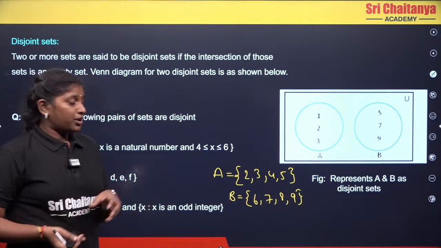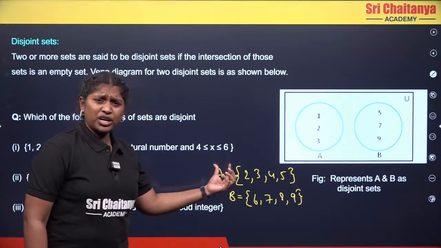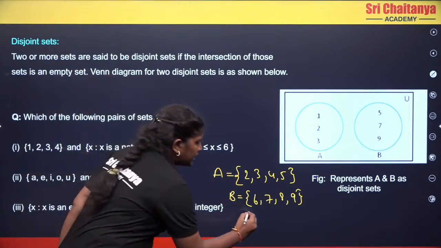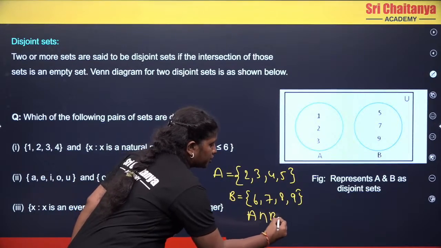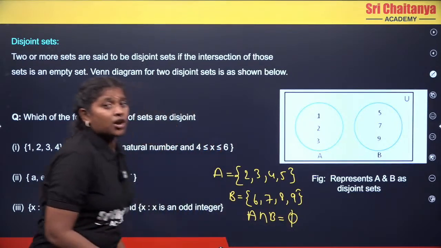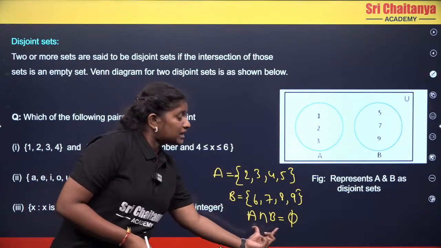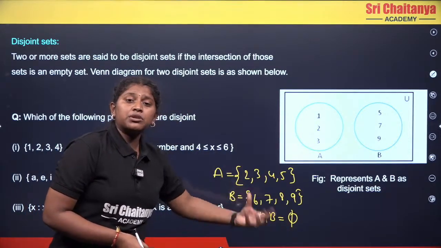Now if you observe clearly, we do not have common elements between A and B. So if you take A intersection B, you will get phi. It means we do not have any elements in common between them, so the intersection value is phi, which is nothing but your null set.